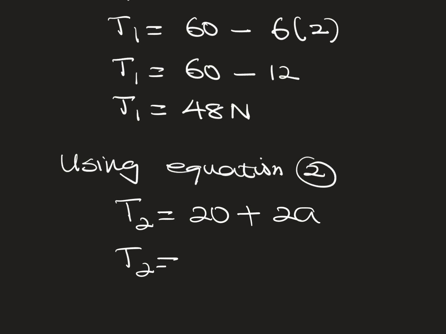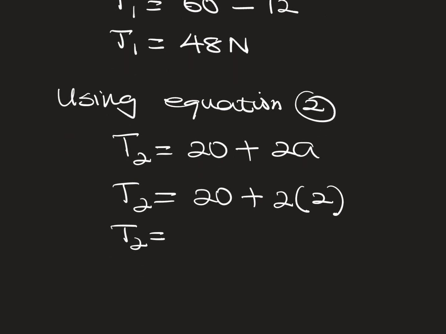So tension 2 is equal to 20 plus 2 times the acceleration, which is 2. Tension 2 is equal to 20 plus 2 times 2, which is 4. So tension 2 is equal to 24 newtons.